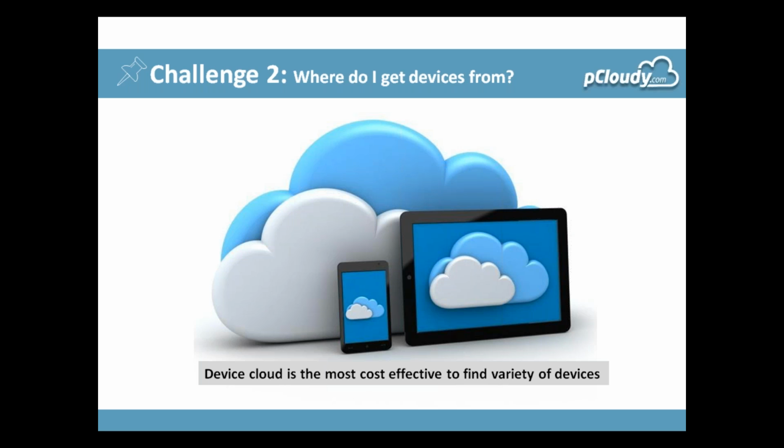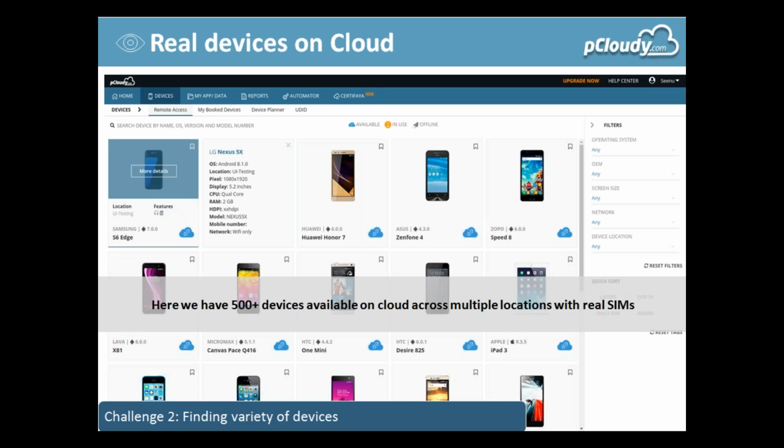But just to give you proof, especially in the context of pCloudy, as I earlier mentioned, on public cloud we have 500 plus devices available across multiple locations with real SIMs. The way we have selected 500 plus devices, it covers a variety of manufacturers, different screen sizes, different operating systems, and different networks.